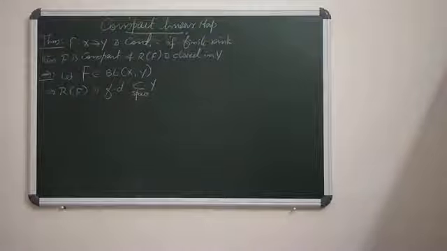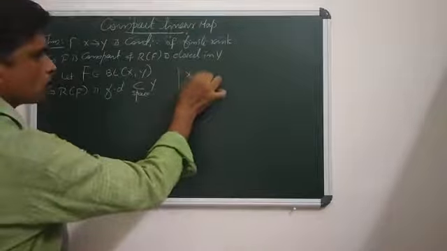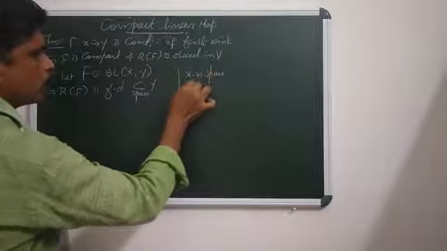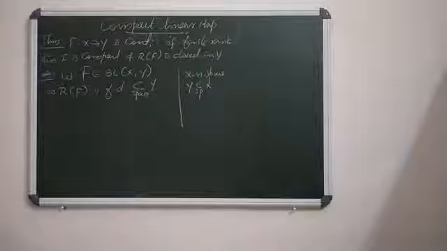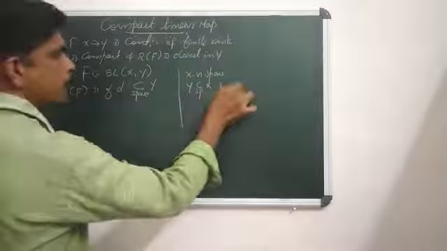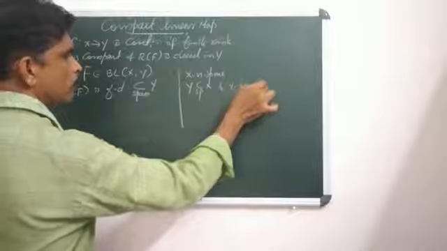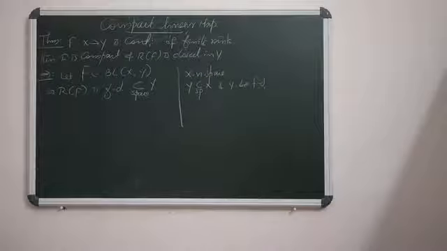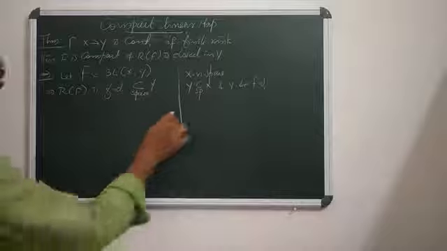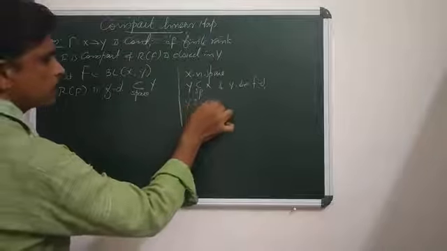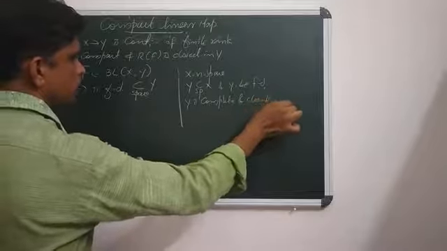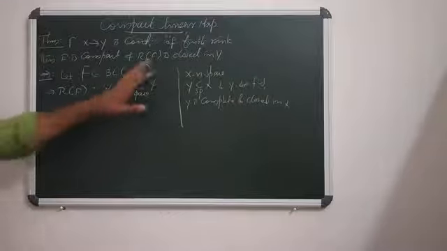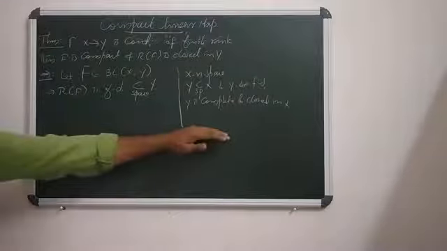So we have a theorem. The theorem says: let X be a normed space, and let Y be a subspace of X. Let Y be finite dimensional, then Y is complete and it is closed in X. So this is an important theorem in functional analysis.